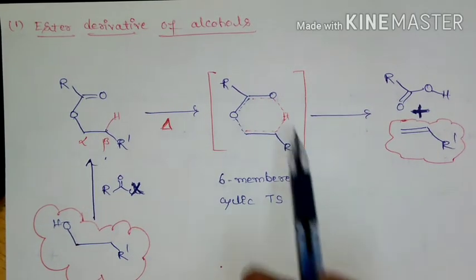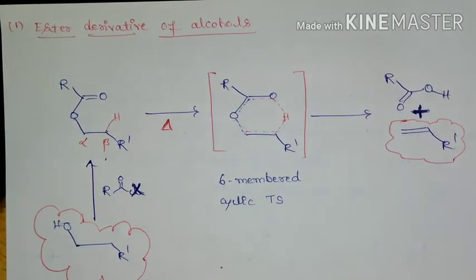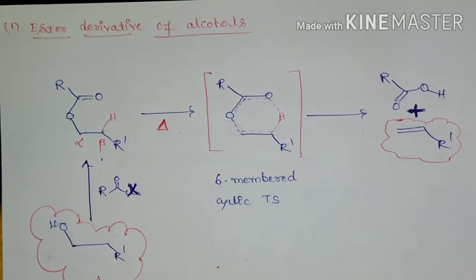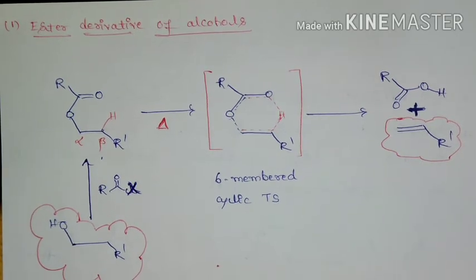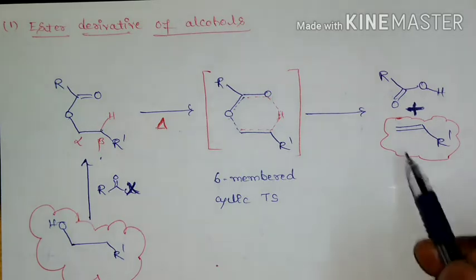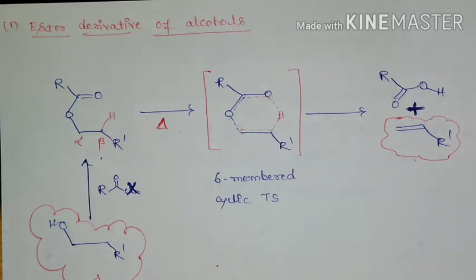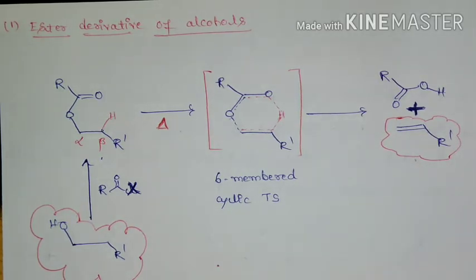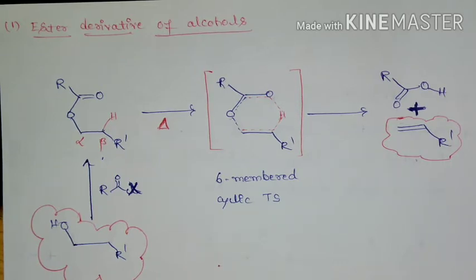This cyclic transition state collapses to form the alkene, and acid is the byproduct. So this is the first reaction, where ester derivatives of alcohols undergo syn elimination.